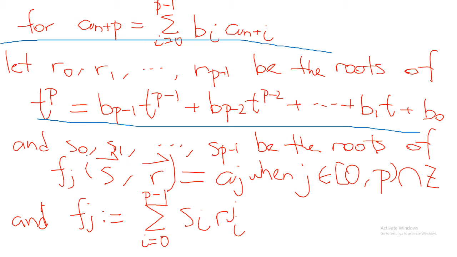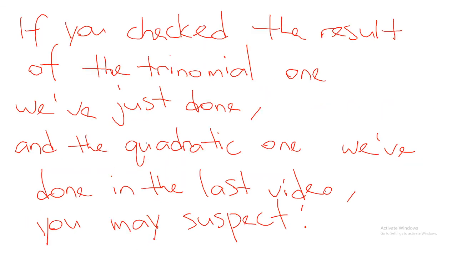And we want s0, s1, up to sp minus 1 to be the solution of the function aj, for j from 0 to p minus 1 integers, where we define this function as the sum of si times ri to the j's power added up from i equals 0 to p minus 1.